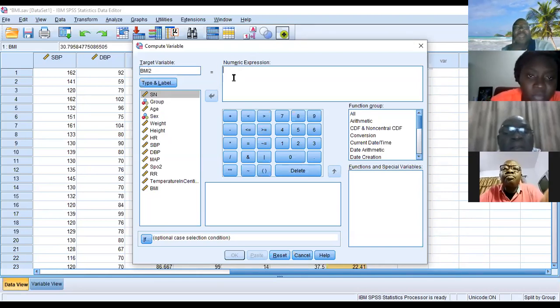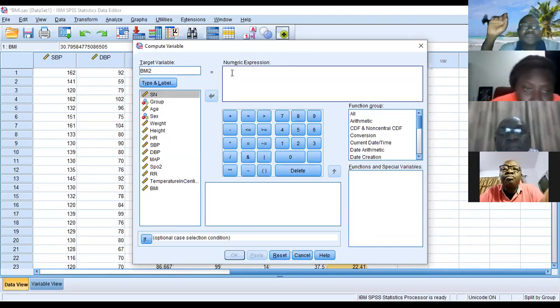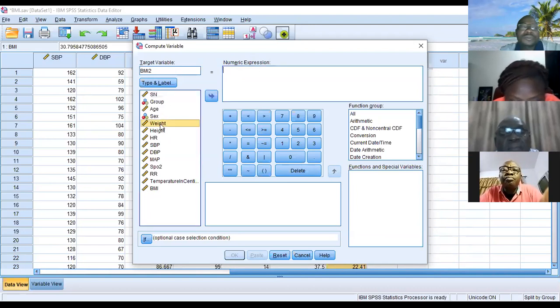Now, BMI is equal to what you're giving. Go and click on weight and move it there. Weight over, that slash is division. Now, don't click on height yet.